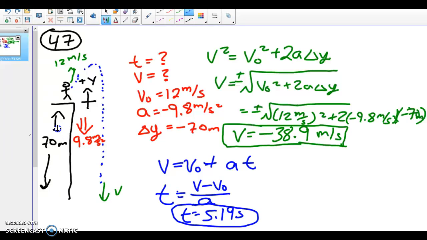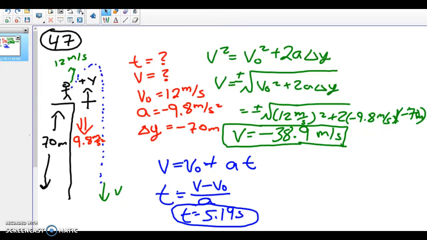Now there's actually a part C that says what's the total distance that the ball traveled? Well, do we know that? I don't know that we do, because all we know is that it went down 70 meters, but that's the displacement. So the next question is, what is the distance?